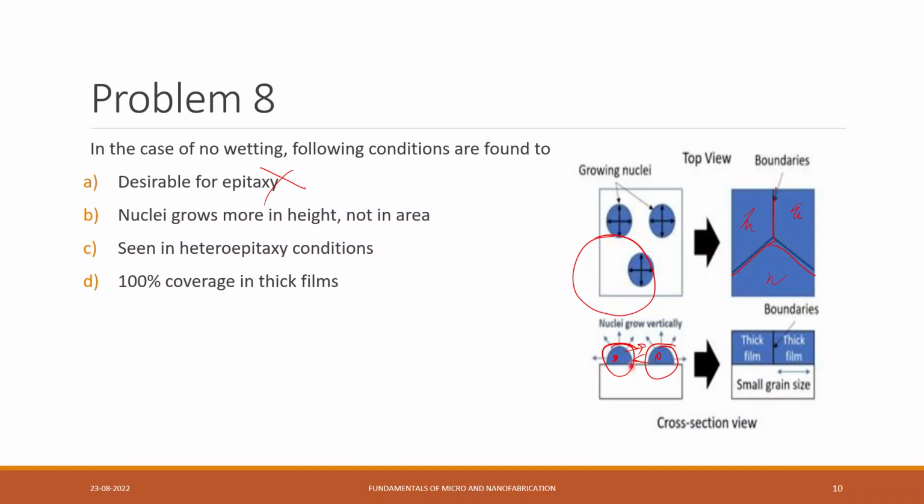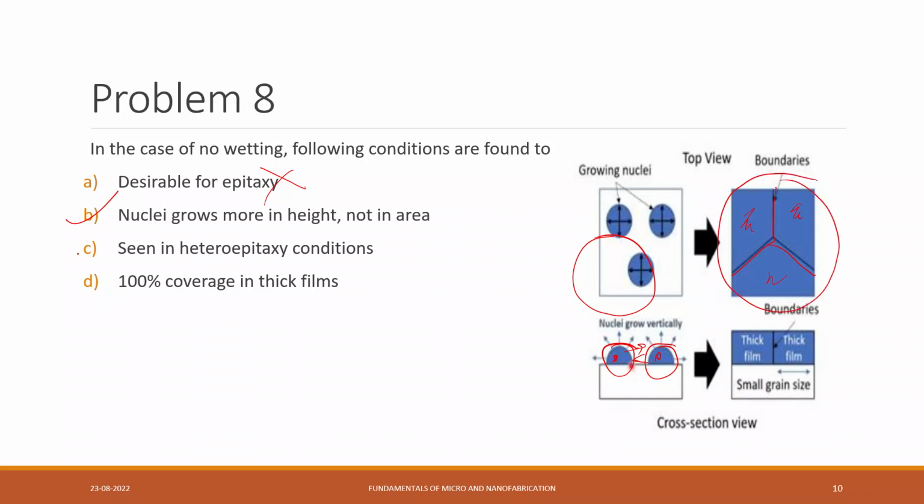Nuclei grow more in height, so it is a kind of 3D growth. It grows like a hemisphere, not in area, so it is not spread out growth. So this is correct. It is seen in heteroepitaxy conditions, like germanium on silicon, and we can see some heteroepitaxy conditions here also.